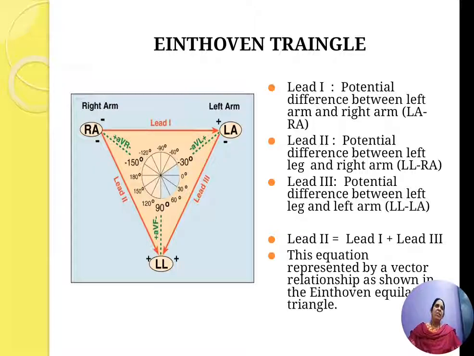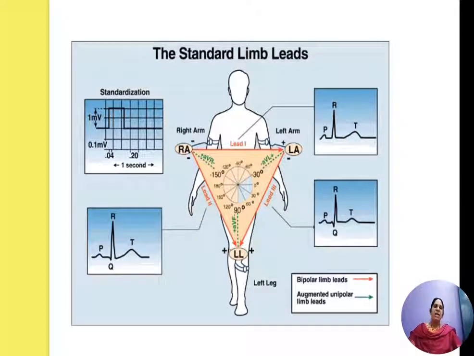These are the standard limb lead configurations. As shown in the next figure, you can measure the potential drop between the right arm and the left arm, that is lead 1, and you get the waveform shown in the top right figure, where the PQRS waveform appears.